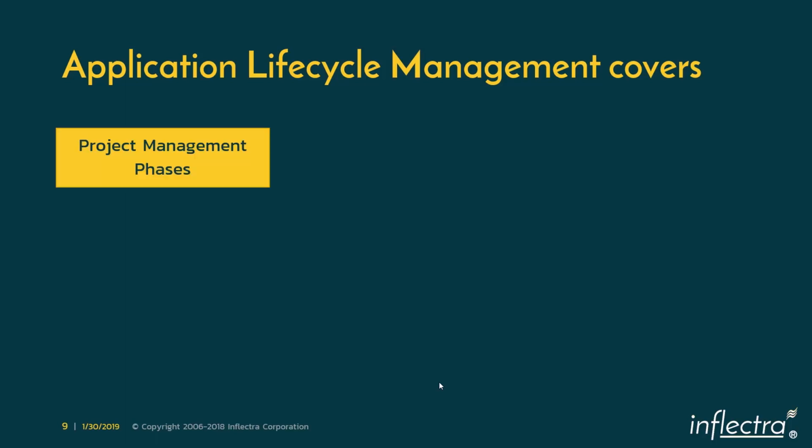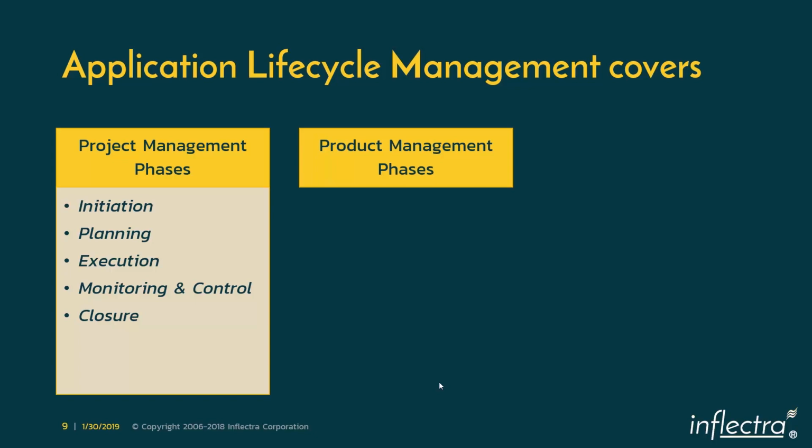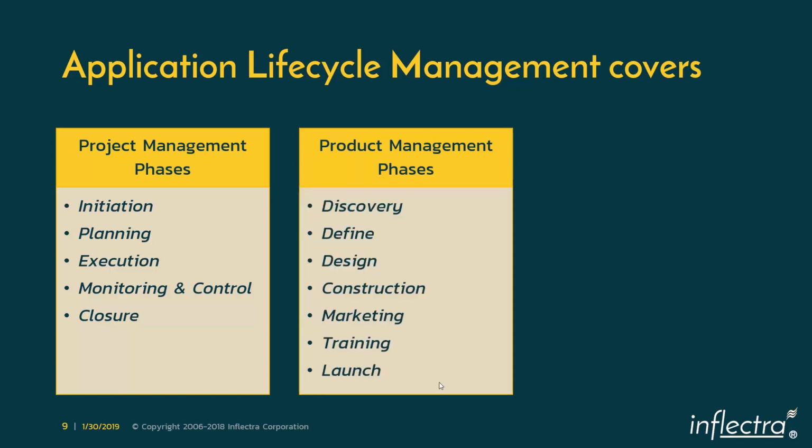Application lifecycle management covers project management phases, and particularly inside them, it focuses on how projects are initiated, planned, executed, monitored and controlled, and finally closed. It should also support the product management phases, which include discovery, definition, design, construction, marketing, training, and launch.